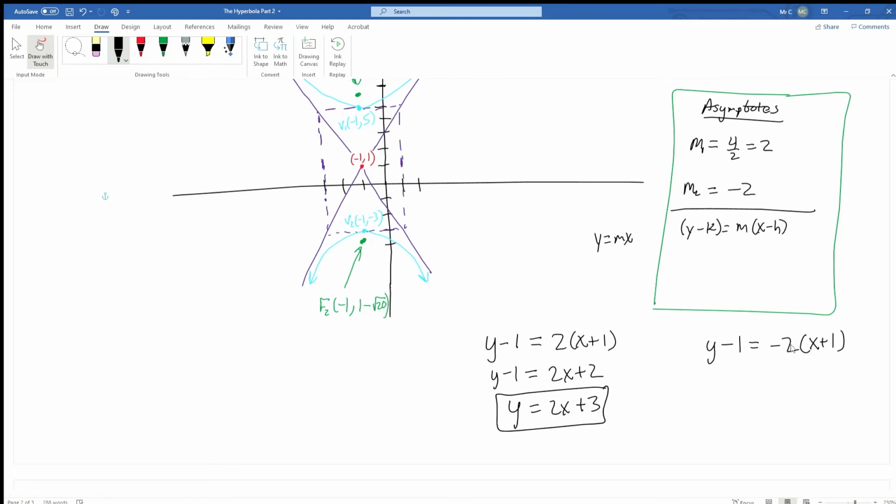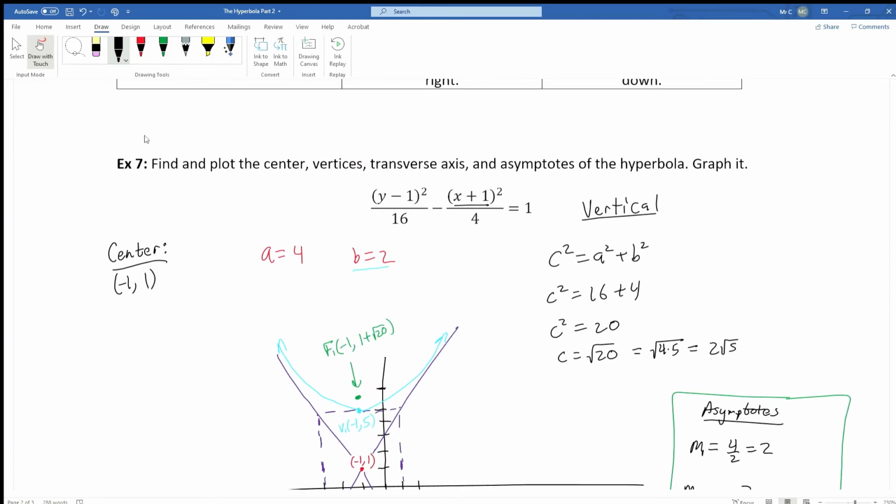And for our other asymptote, this will be y minus 1 equals negative 2x minus 2. And if I add the 1 over, I get y equals negative 2x minus 1. So that's our equations for our asymptotes. All right, well, that's it for this example.